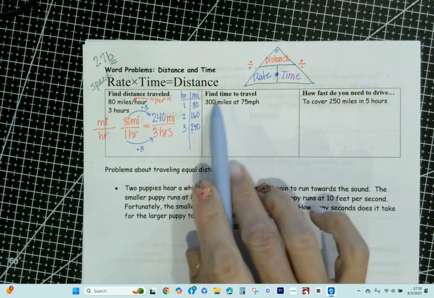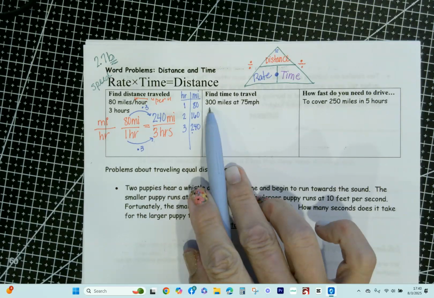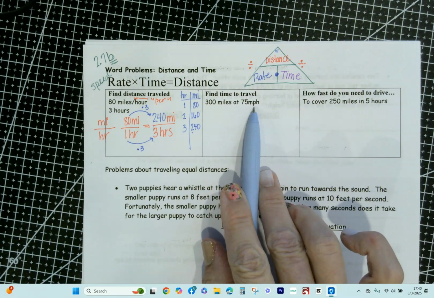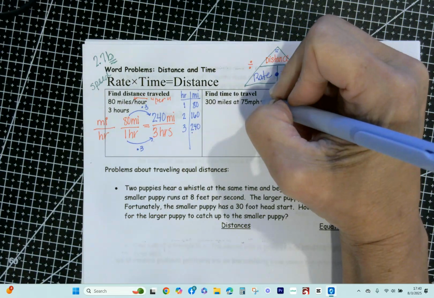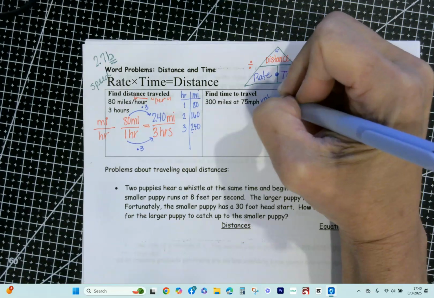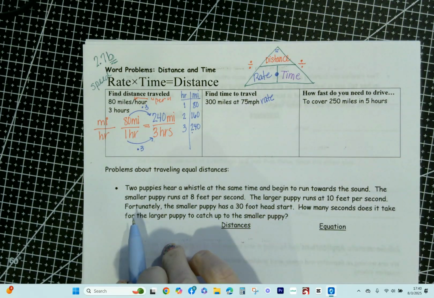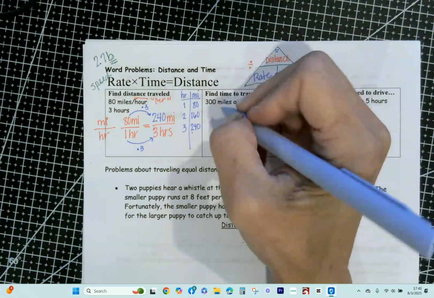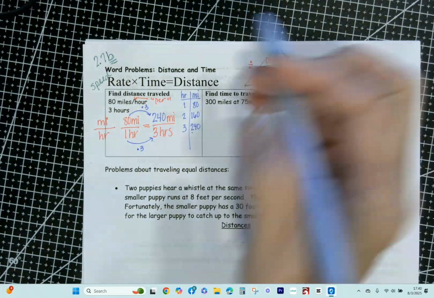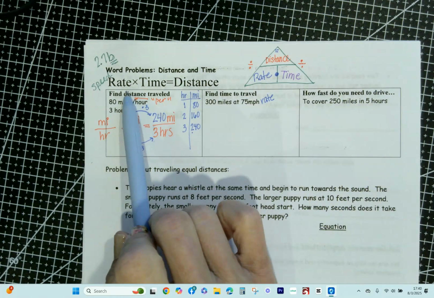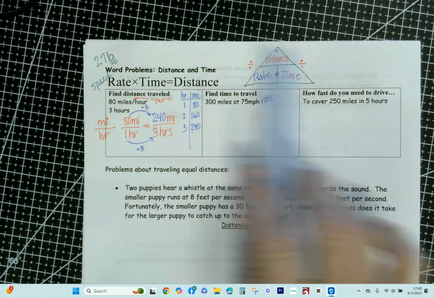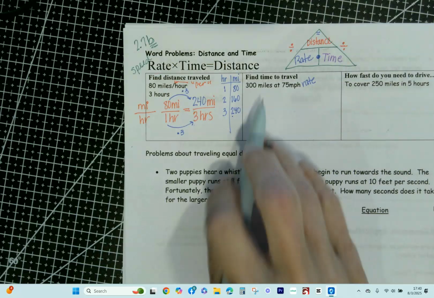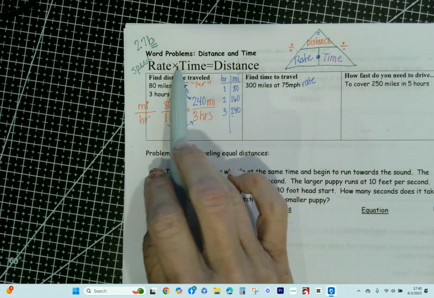Okay. Find time to travel. We have 300 miles at 75 miles per hour. So this is our rate. Okay. By the way, before we do this one, let's go back to this equation.